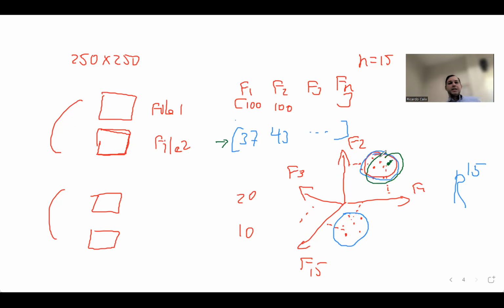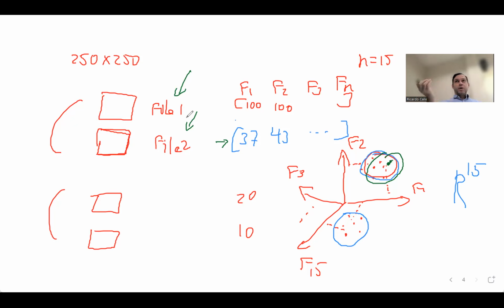Now, notice that this feature space is just for finding the closest points. Once you find the closest points, what you should return is the file name of the 10. Let's say you choose k equal 10. So you're going to choose the 10 closest points to the point that you inserted in there.